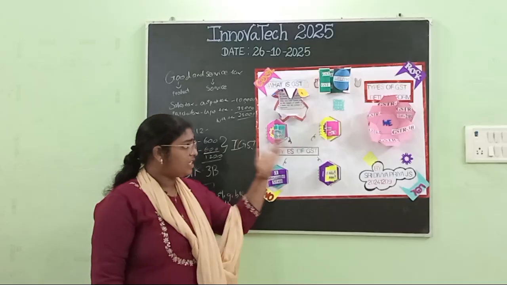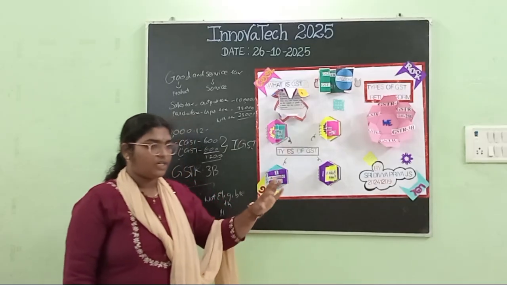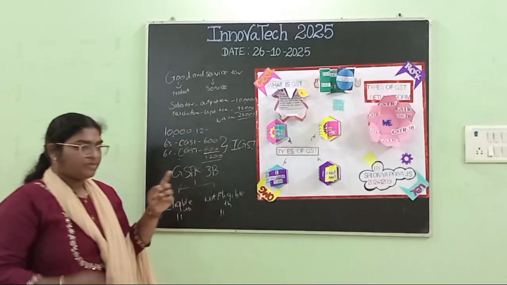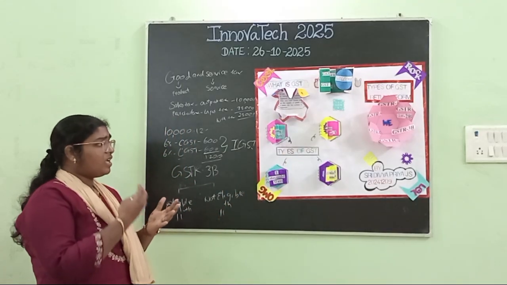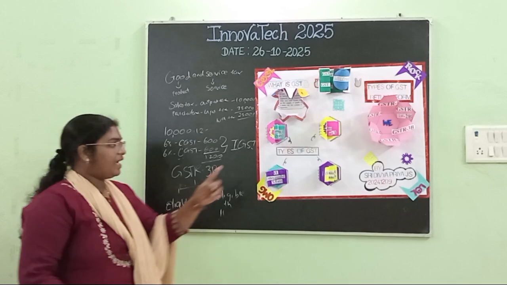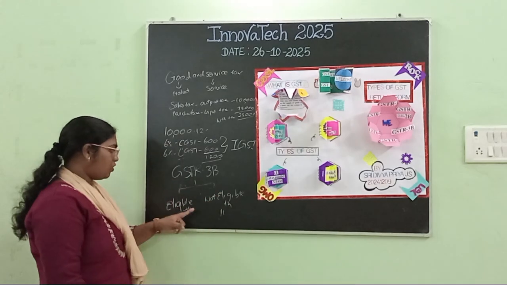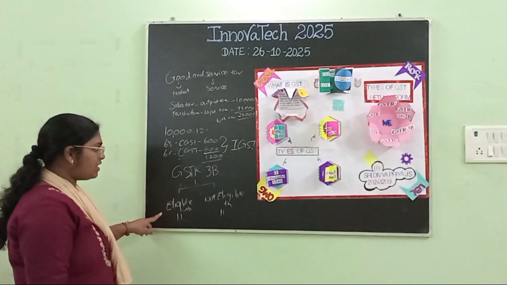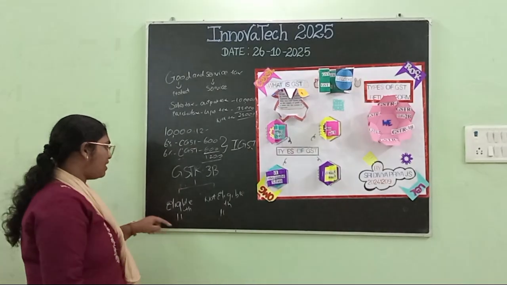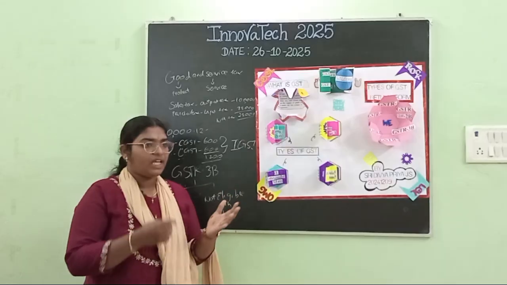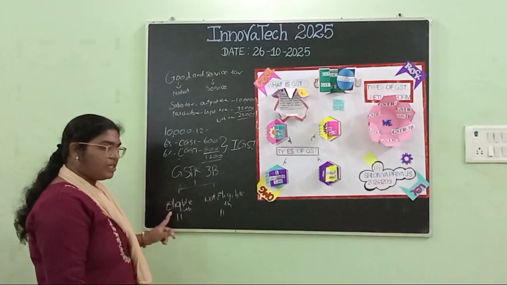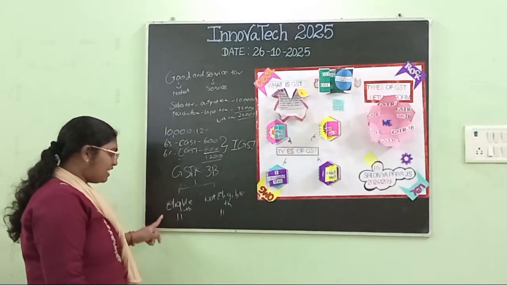Somebody's GSTR1 will be turned into GSTR2A, 2B. GSTR 2A shows only the transactions. In 2B, it's divided into two, eligible and not eligible. The eligible category means the seller has filed the transaction before the 12th.